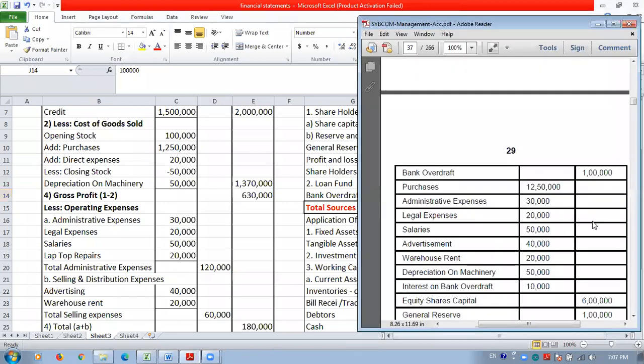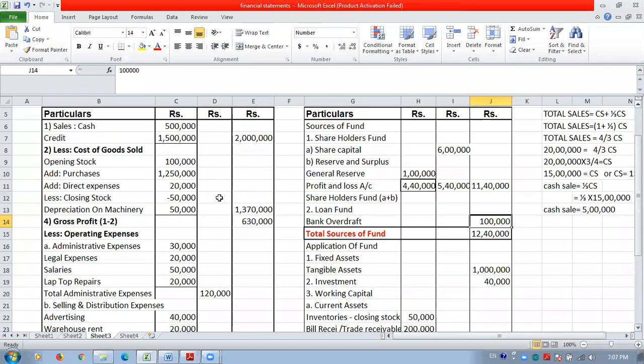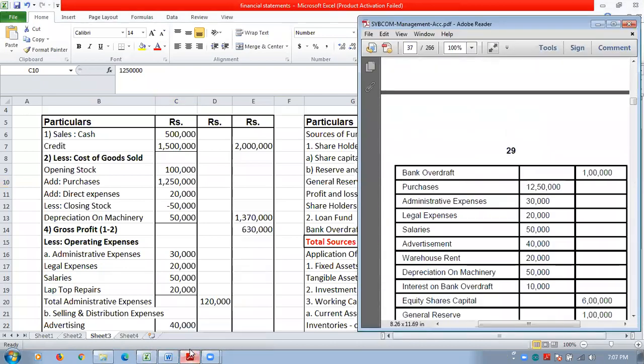Next item is purchases, 12 lakh 50,000. This appears under the profit and loss statement, right? So we put the 12 lakh 50,000 purchases, added to the opening stock, under the profit and loss statement. Then the administrative expenses 30,000.